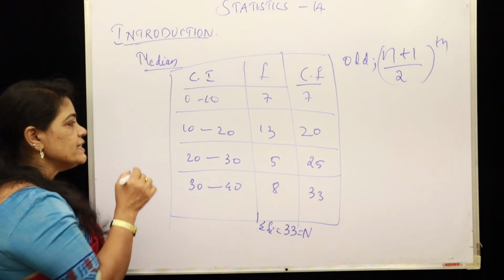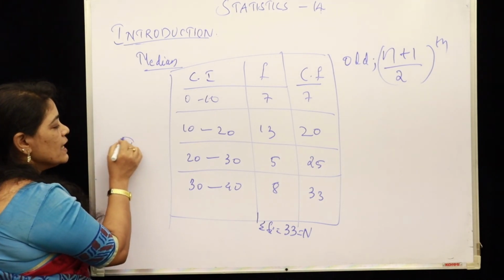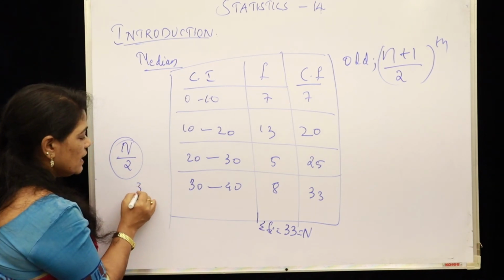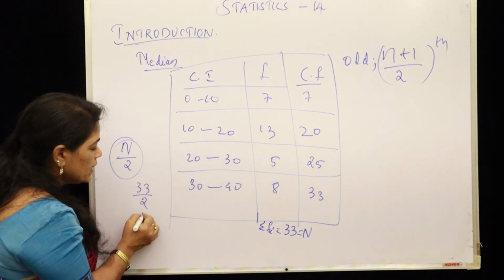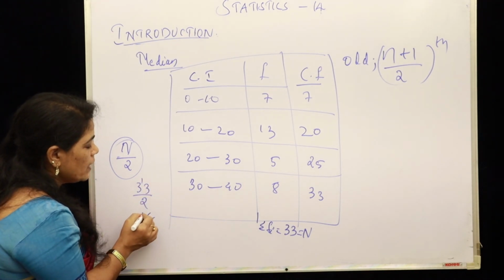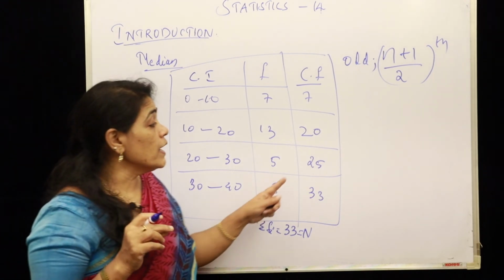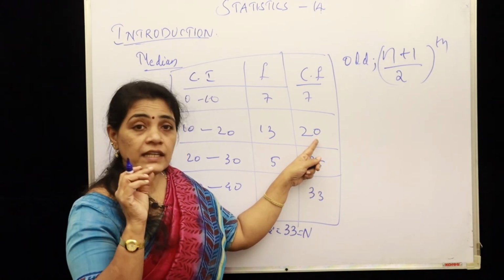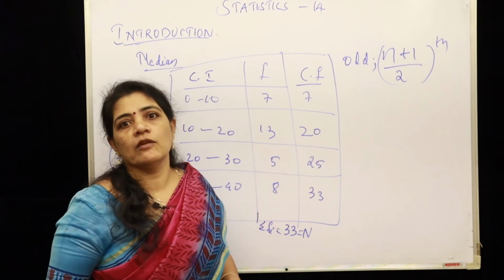Find capital N by 2. Capital N by 2 will be 33 divided by 2, that is 16.5. And in the cumulative frequency, find the cumulative frequency just greater than N by 2.